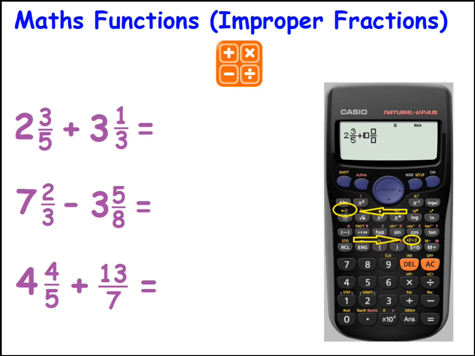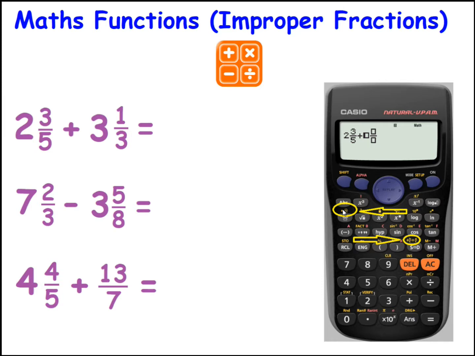Now the calculator is clever enough to do mixed numbers as well as normal fractions. And there's a mixed number button here above our standard fraction button. So it's in the gold writing above our standard fraction button. To access this button, you have to press Shift and then that fraction button to get this format.